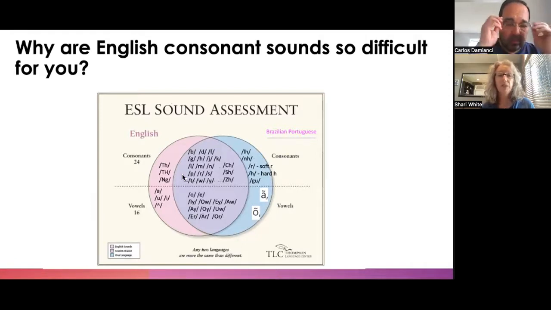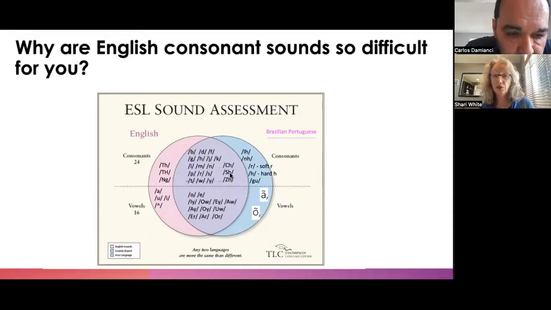In the middle are sounds that are produced in both English and Portuguese, usually, but maybe by different letters. Most of them you can say, okay, this is, again, I'm still changing this. On the left are the sounds that you don't have in Portuguese.